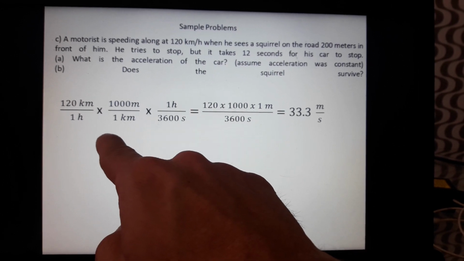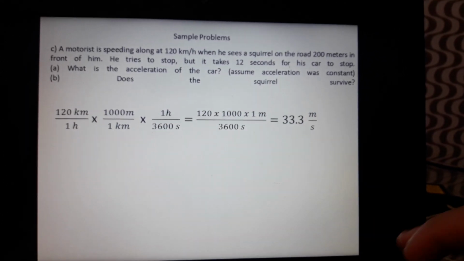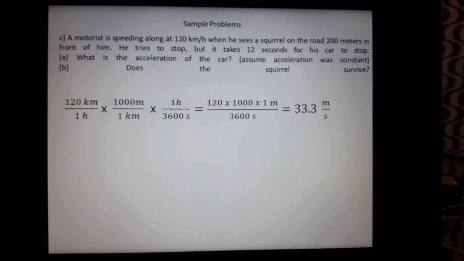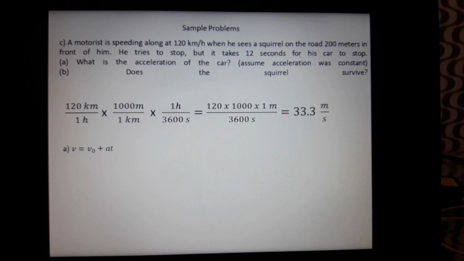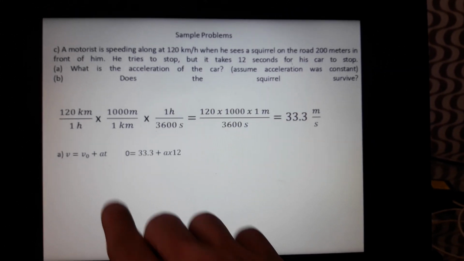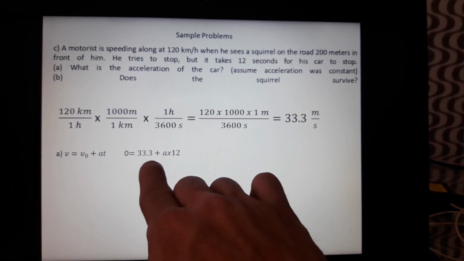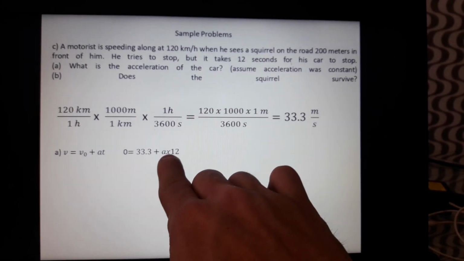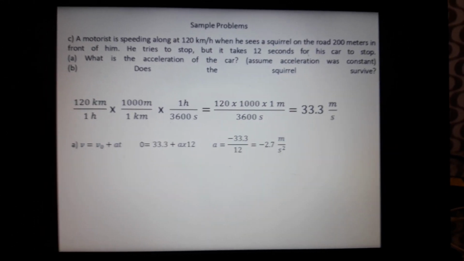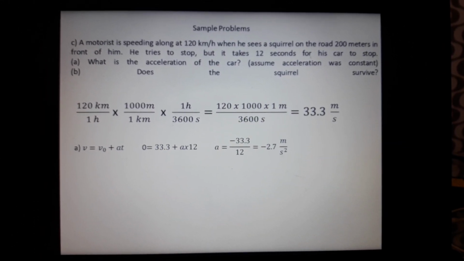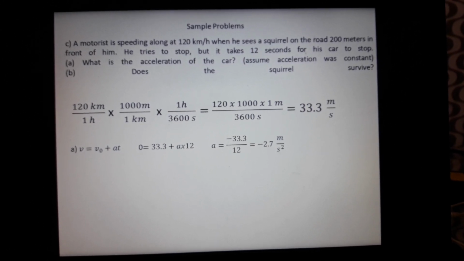We cancel kilometers with kilometers, hour with hour, and we have meters per second: 33.3 meters per second. We will use it here. We have final velocity 0, initial velocity 33.3, plus a multiplied by 12. We find a is a deceleration, minus 2.7 meters per second squared.